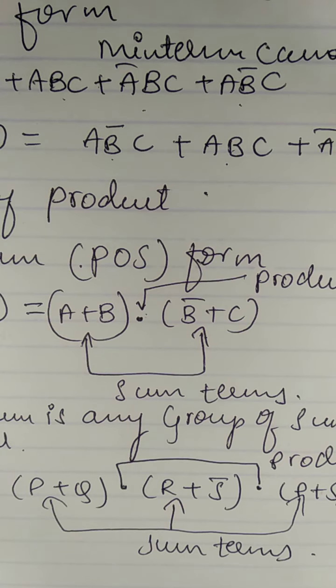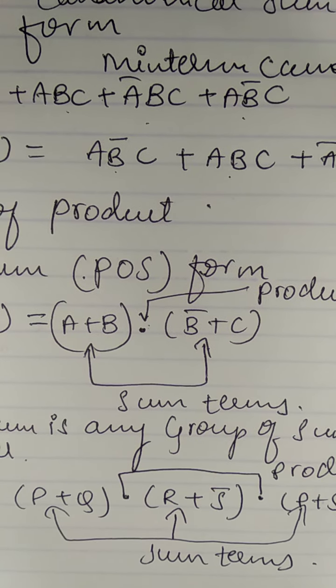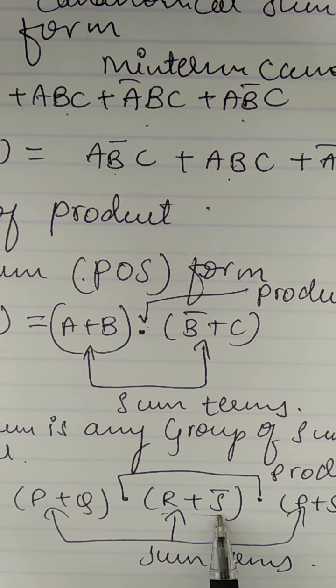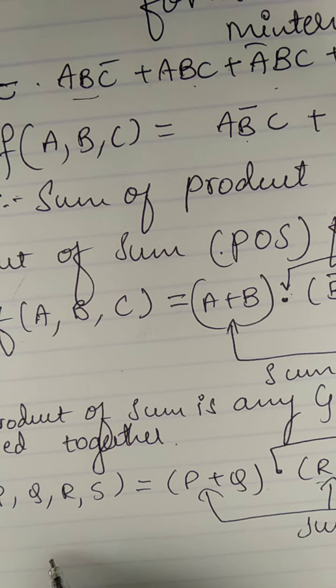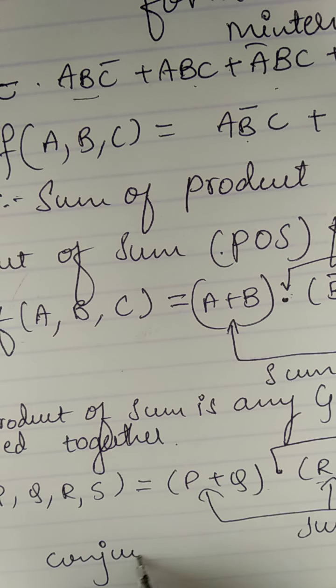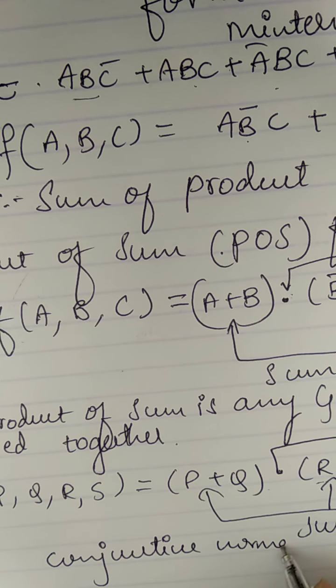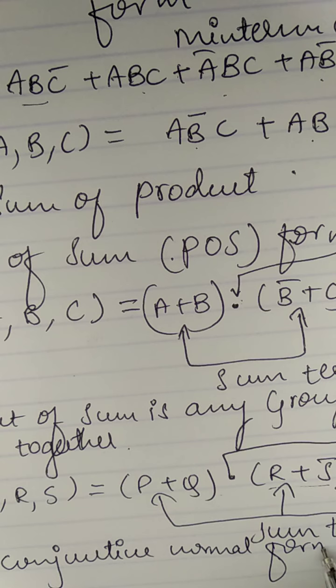So here also you can see each term consists of one or more literals, either complemented or uncomplemented. The product of sum is also known as conjunctive normal form.